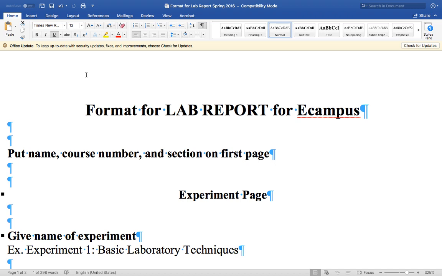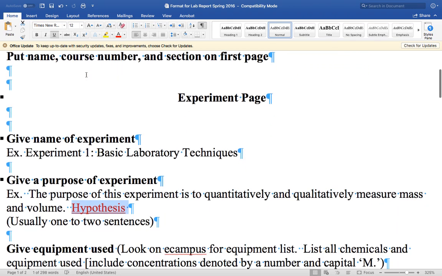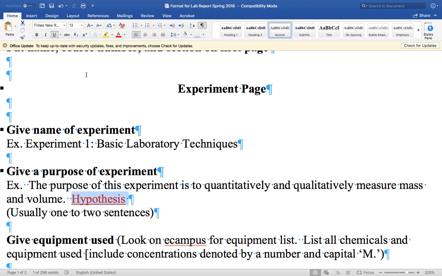The second page begins your official lab report. You're going to give the name of the experiment again, and you're going to provide that on that first line. Do not center it. Let's justify it to the left with all the other headings that we're going to provide. So the first heading should be experiment and the name of the laboratory.